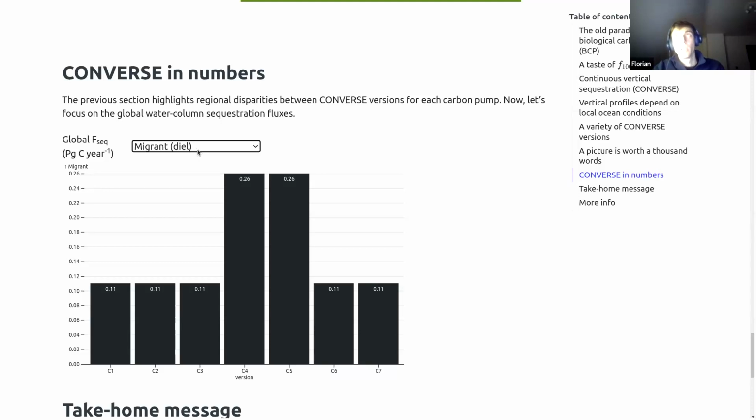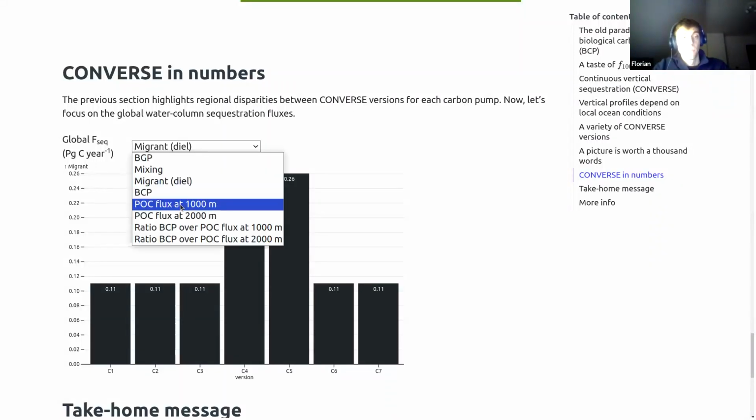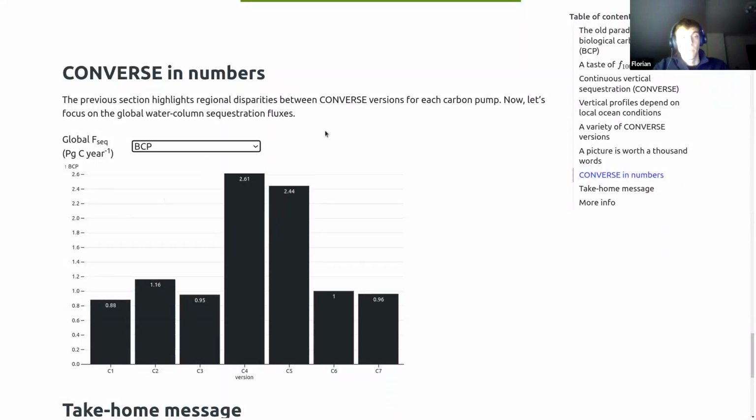So the first point here is that you see directly that the migrant and the mixing pump are clearly important in the total sequestration, and that you would not get them if you do not take the continuous framework. And if you look at the full BCP, you are between 0.9 and 2.6 petagram of carbon per year.